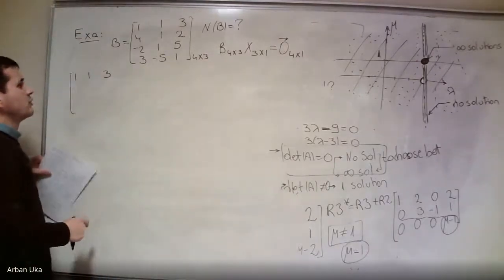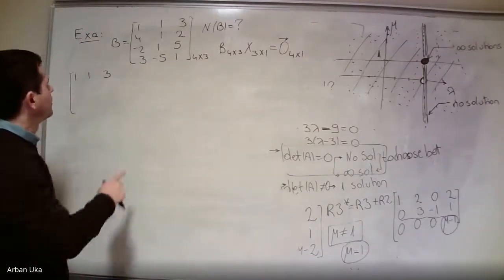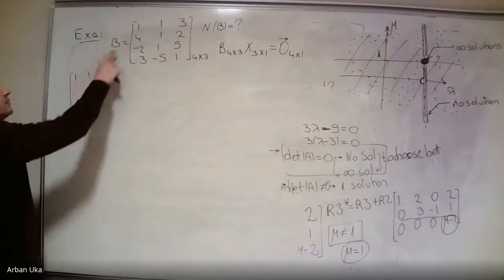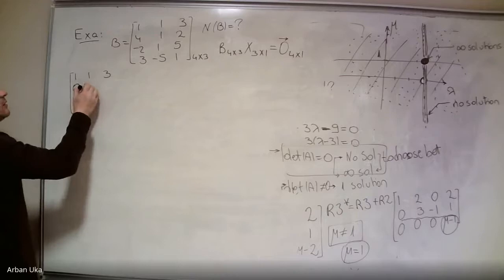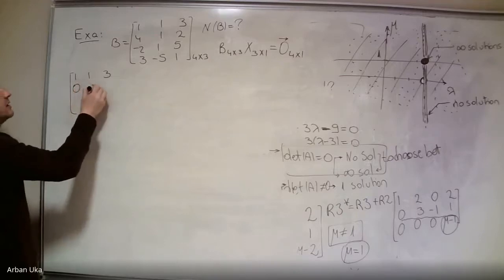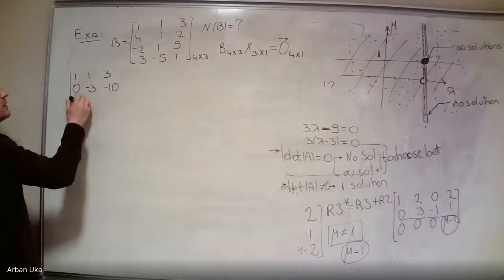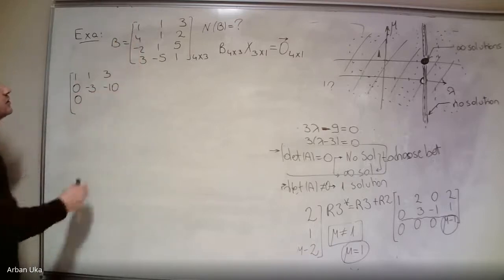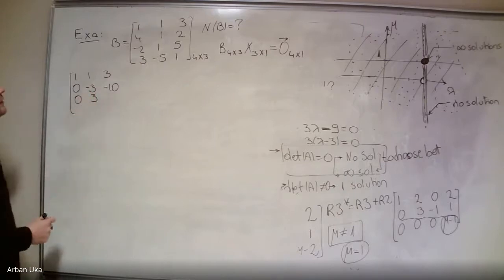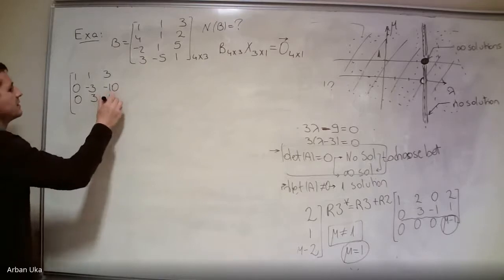So what we need to do for that, we need to get the reduced row echelon form, and to make it 0, we have here 4 minus 4, 0, 1 minus 4 minus 3, 2 minus 12, minus 10, 0, so we do the third row plus twice the first row. We get here 3, 5 plus twice plus 6, this makes this 11.